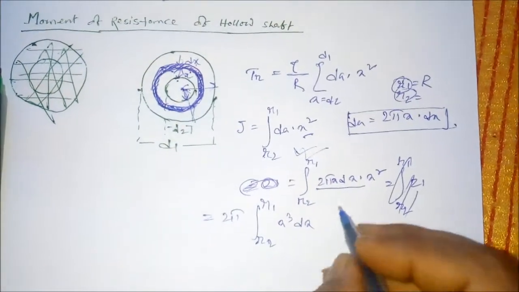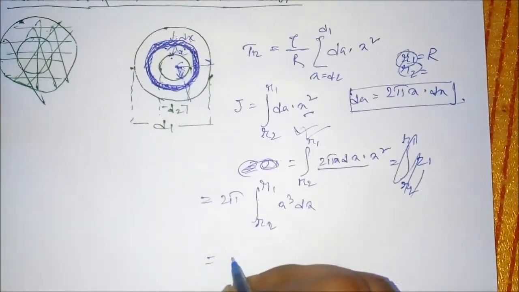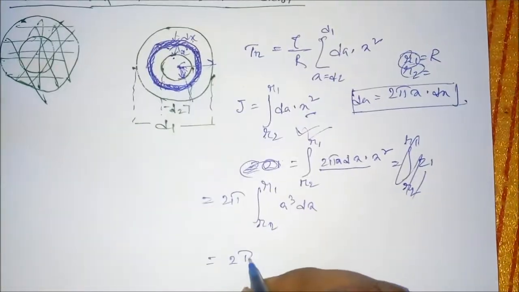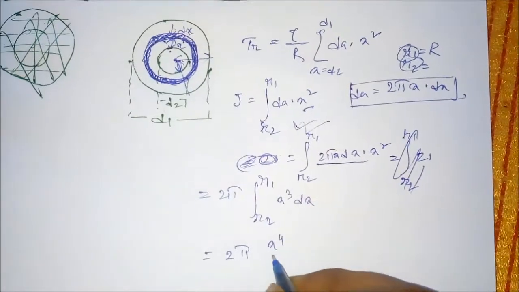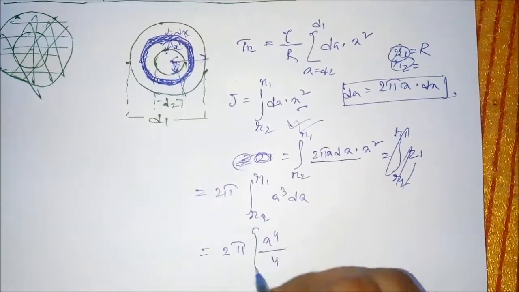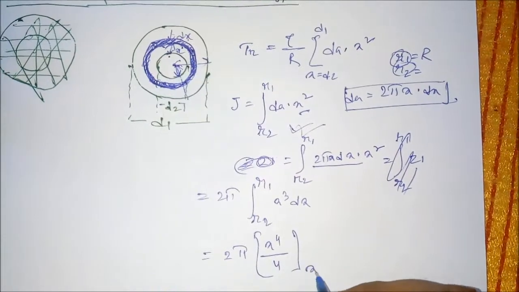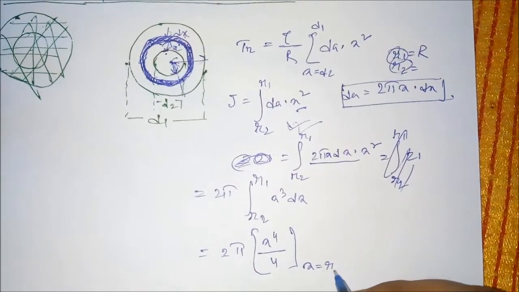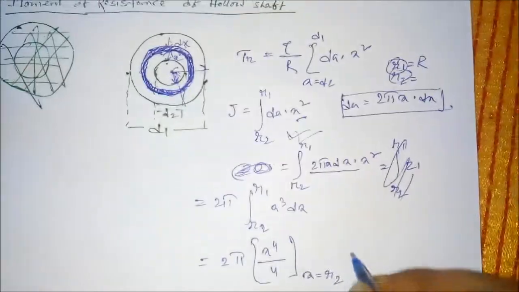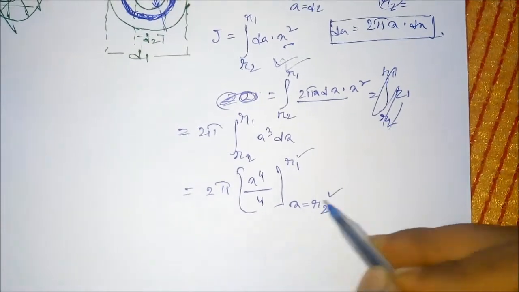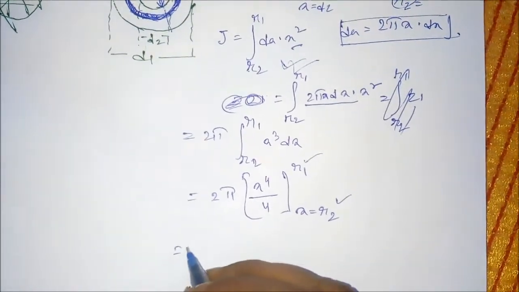Now if you integrate, you will get 2 pi times x to the power 4 by 4, and you have to put the limits r2 and r1.